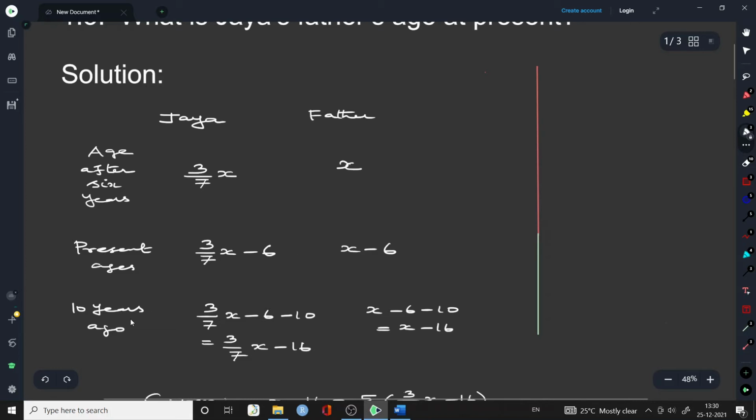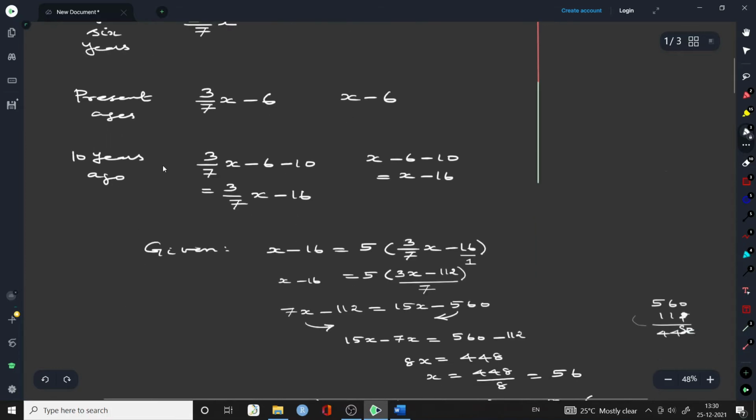Okay. So what happens 10 years ago? Before 10 years, from their present ages you again subtract 10 each. So 3/7 x minus 6 minus 10 and x minus 6 minus 10. When you simplify this, it is 3/7 x minus 16, and this is x minus 16.